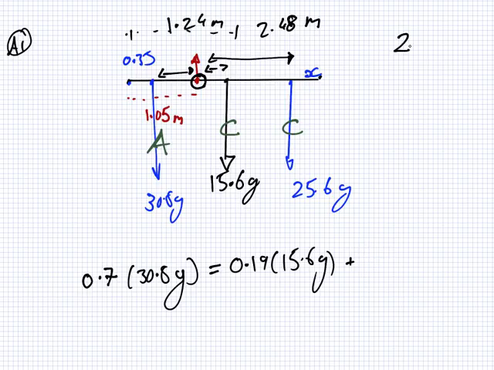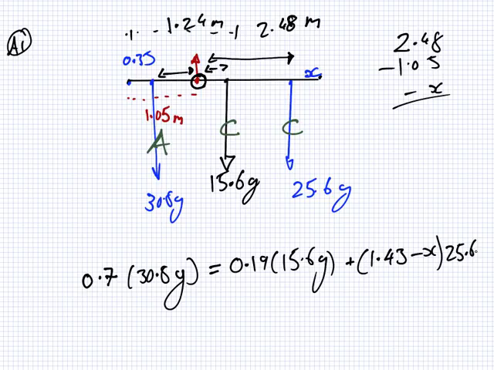The total thing is 2.48. And this is minus 1.05. Minus x. 1.43 minus x. Okay, is that right now? Alright, so then you just solve for x.